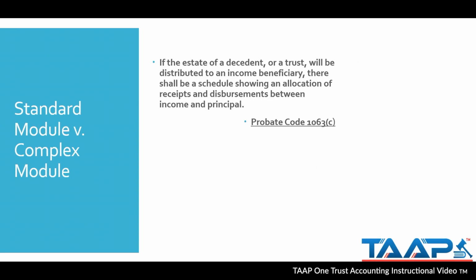Now we're going to look at a couple of statutes that apply here. In this situation, under Probate Code 1063C, we're required to show an allocation between receipts and disbursements. The complex module covers that in the receipts and disbursements portion of the software. We'll take a look at that in a moment.